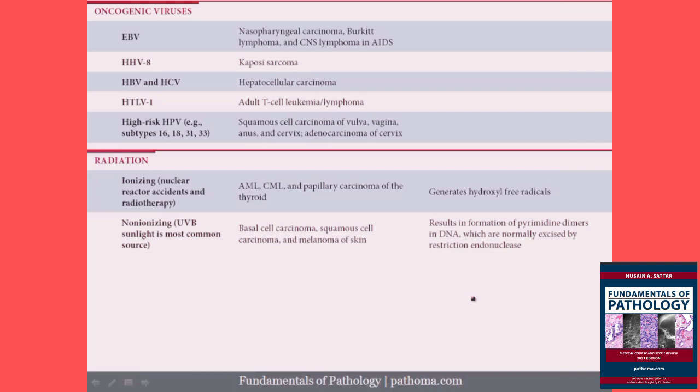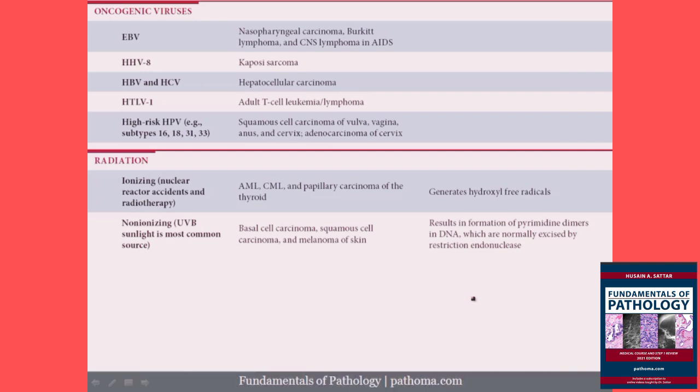First of all, EBV. EBV is associated with nasopharyngeal carcinoma. That's the first association, and the classic patient who develops EBV nasopharyngeal carcinoma is, number one, a Chinese male. That's the classic one that shows up on examinations. And number two, an African individual.